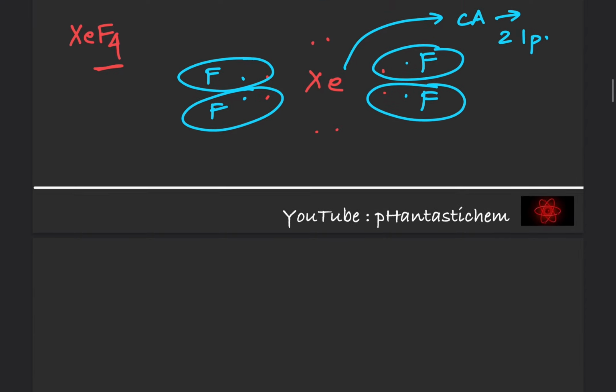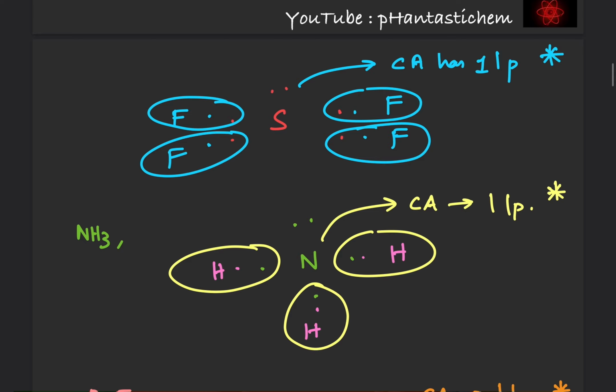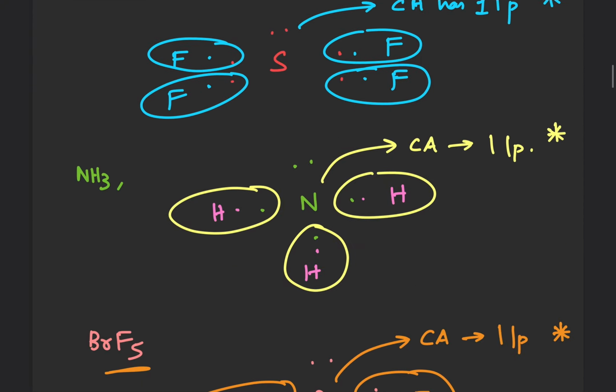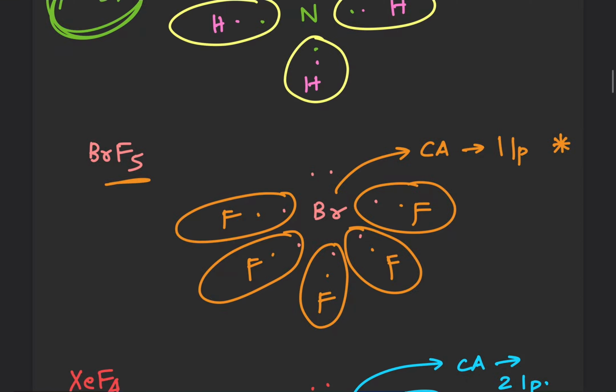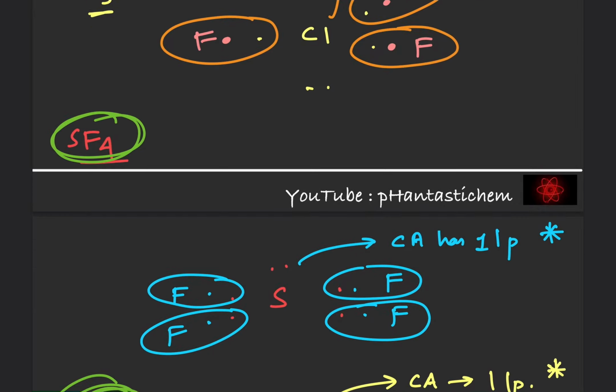Okay. So the set in which all the molecules have one lone pair of electrons on the central atom is NH3, BrF5, and SF4.